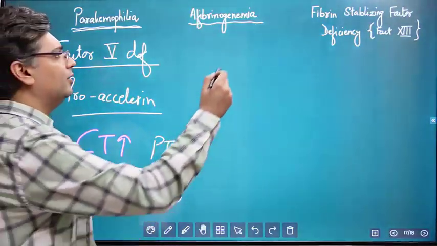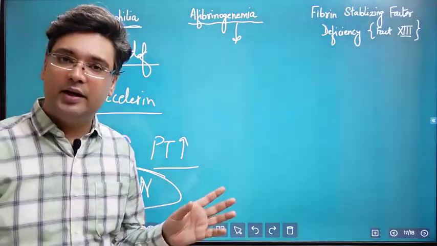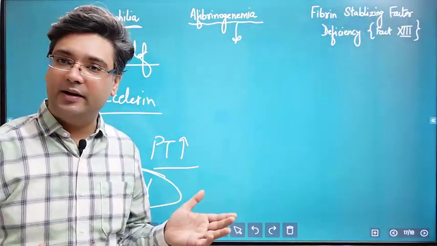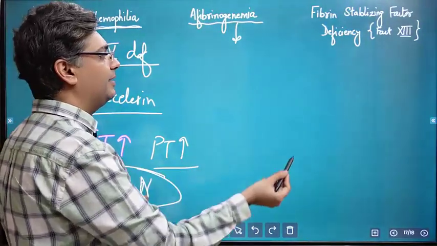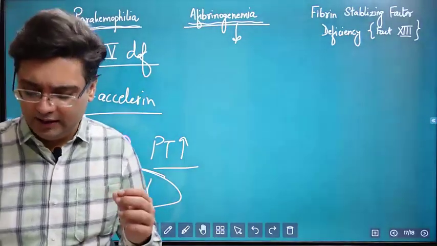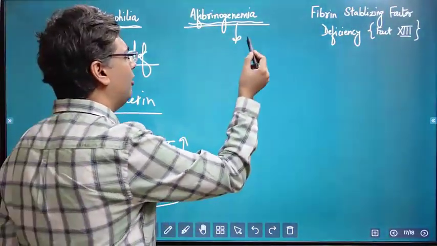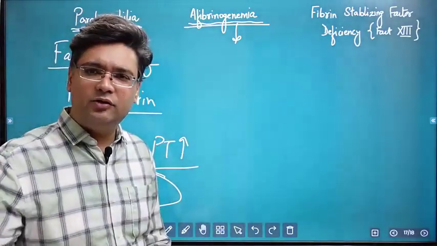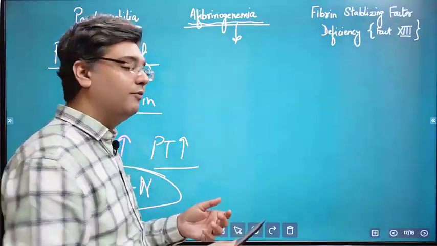Next condition we are going to talk about is afibrinogenemia. Fibrinogen is not there. Do you remember? Fibrinogen is factor number 1. When fibrinogen is not there, how will the fibrin meshwork ultimately form? So this condition is afibrinogenemia. It is a hallmark, because neither the extrinsic nor the intrinsic pathway would work and no clotting would happen.